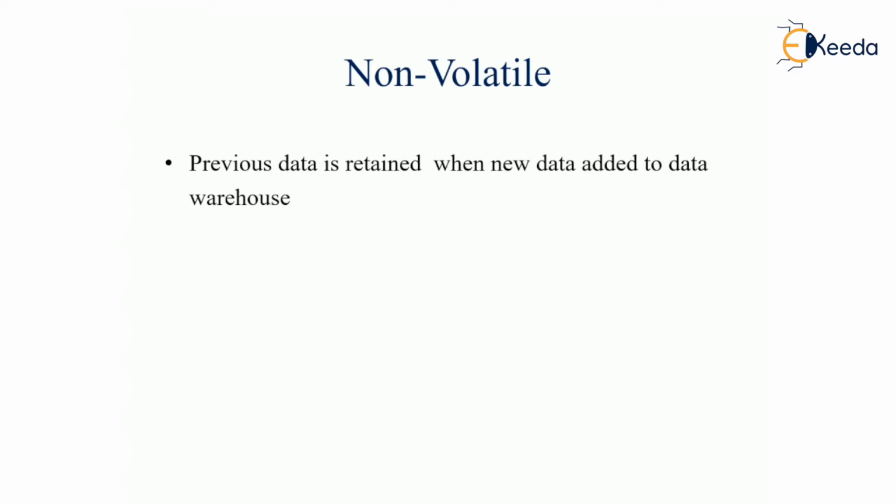That means even if you store new data into the data warehouse, it should not affect the old or previous data. The previous data should not be erased with the new one.